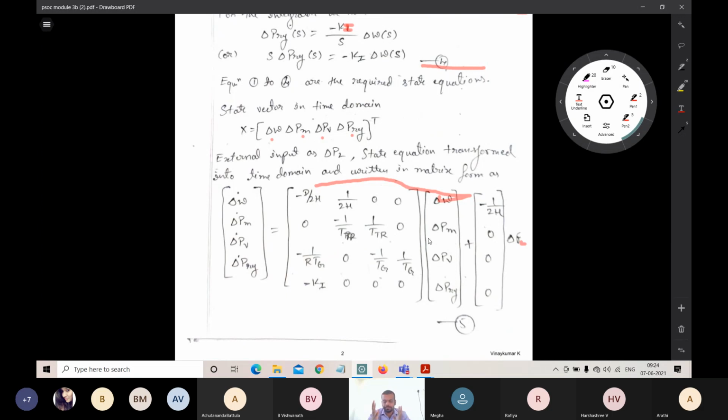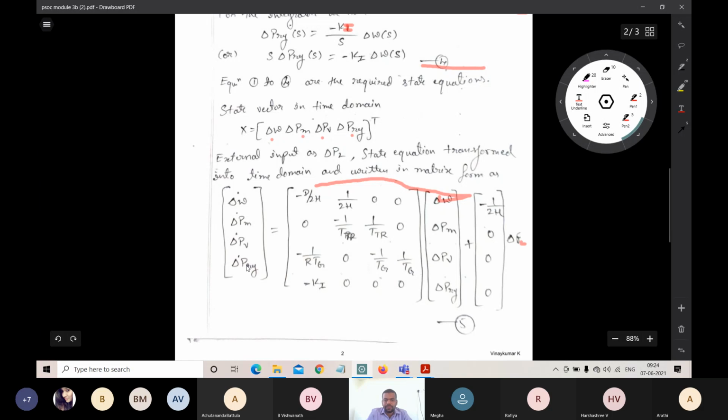We are just bringing the output equations in terms of matrix multiplication. If you multiply these two matrices, you will get the same equations 1, 2, 3, 4. So delta pm dot is equal to 1 by ttr delta pm plus delta pv into 1 by ttr.